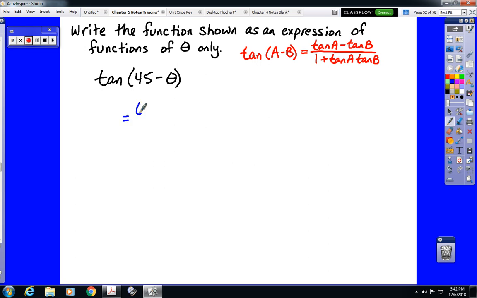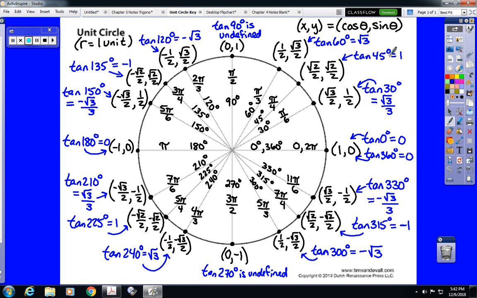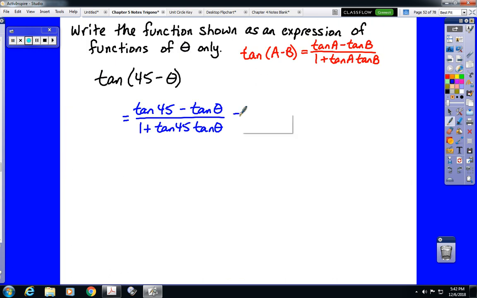So this would be the tangent of 45 degrees minus the tangent of theta over 1 plus the tangent of 45 degrees times the tangent of theta, which means we need to go find the tangent of 45 degrees. We go to the unit circle, tangent of 45 degrees is 1. So we go back here and we plug in 1.